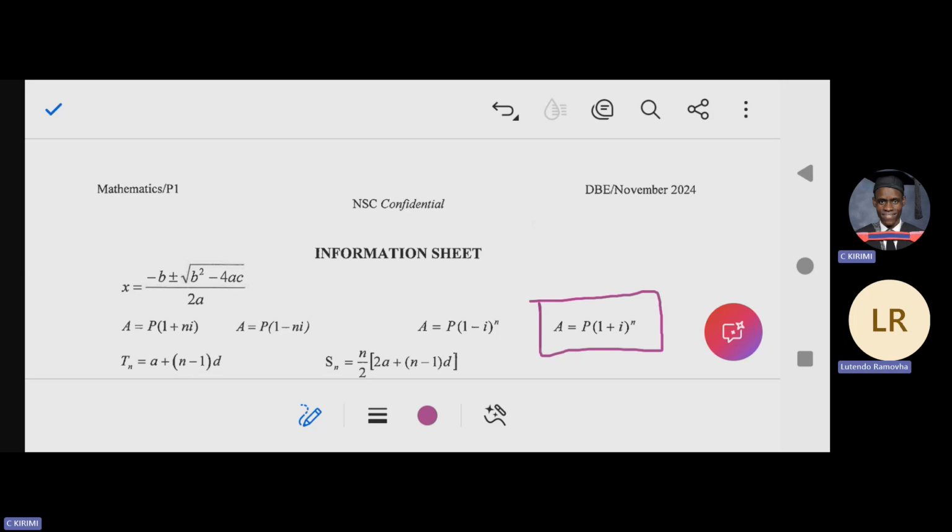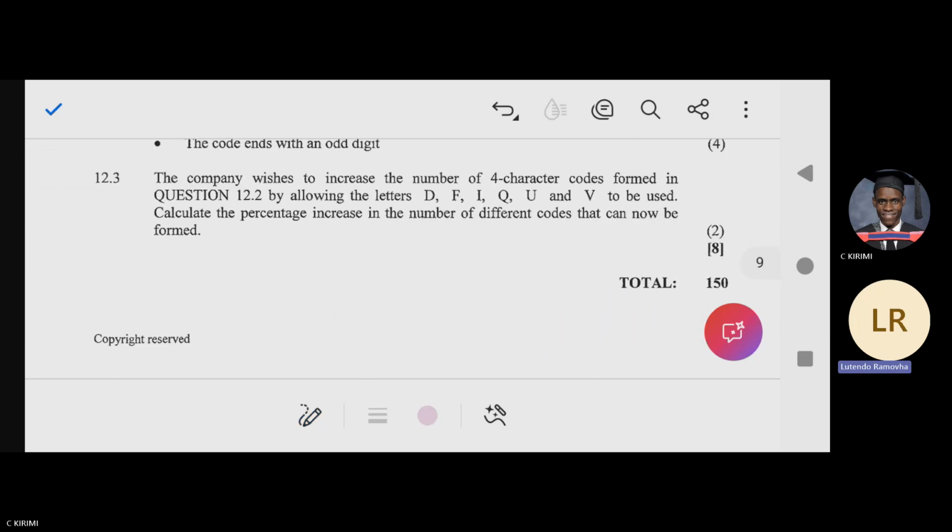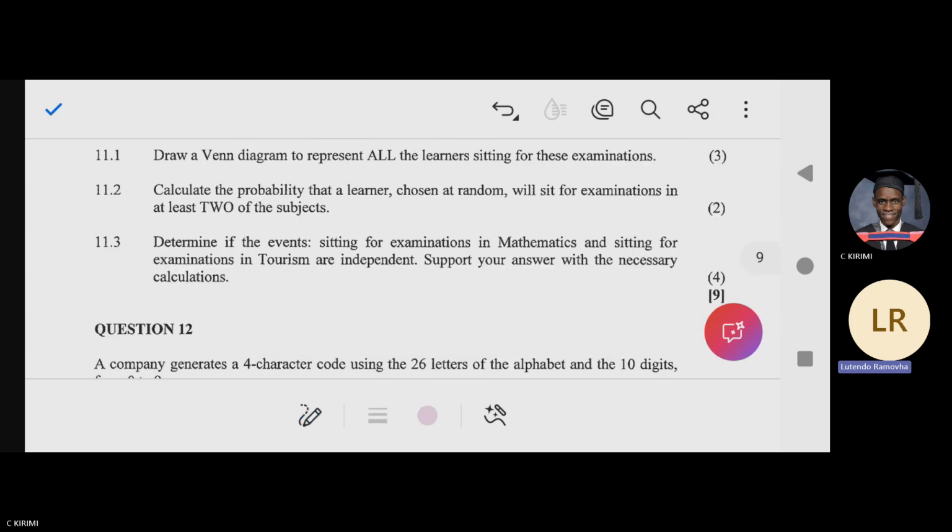Yes, sir. But we have been told that it's compounded quarterly. So we are going to multiply the interest, which is 6.8, times 4. So we're going to first convert 6.8% to decimals.